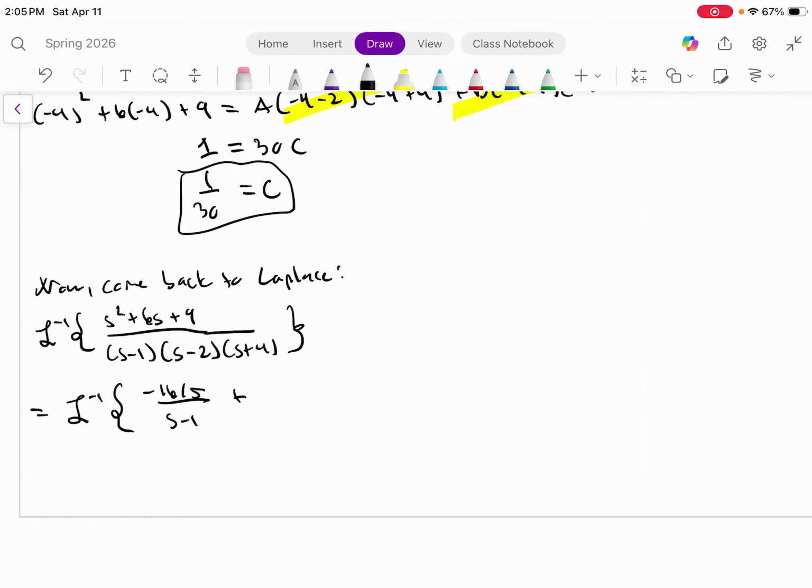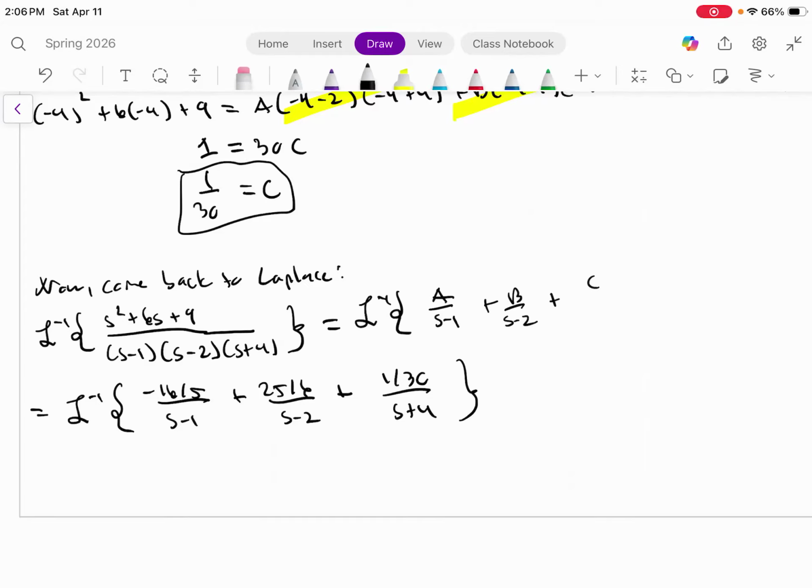And if you want to take it a little step further, just to make sure you're understanding what's going on, it's like A over s minus 1 plus B over s minus 2 plus C over s plus 4, and we just plug in A, B, and C. So almost there. We just got to figure out how to inverse Laplace these terms.